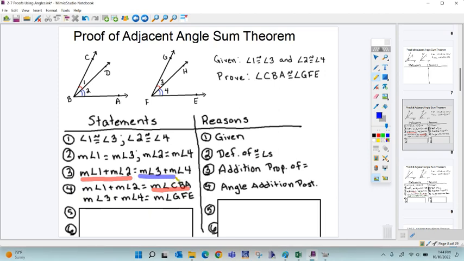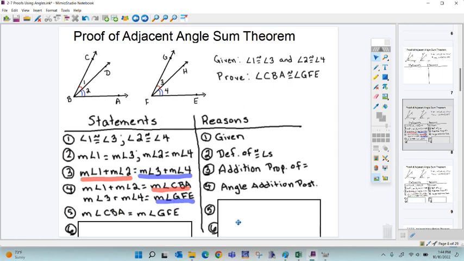Angle 3 plus angle 4, that's the same as GFE. So I can take this out and replace it with this. I can take this out and replace it with this. So that I now know that measure of angle CBA equals the measure of angle GFE.